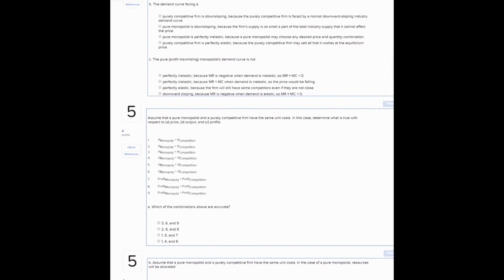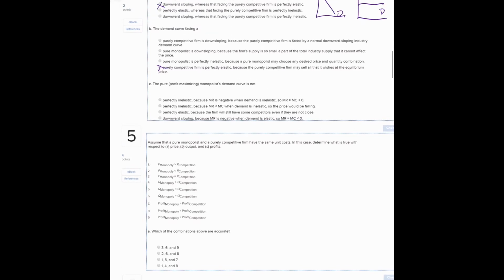The demand curve facing the purely competitive firm, which I just said, is perfectly elastic. We'll go through the answers here, but let me find the right answer. Because a purely competitive firm may sell all that it wishes at the equilibrium price. And the equilibrium, of course, comes from the marketplace, determined by the market of buyers and sellers.